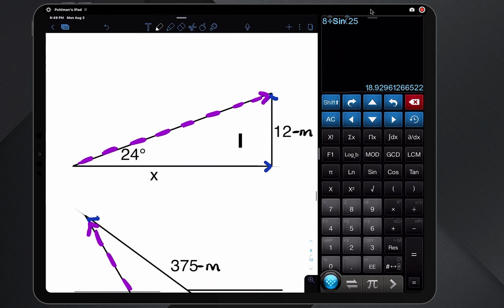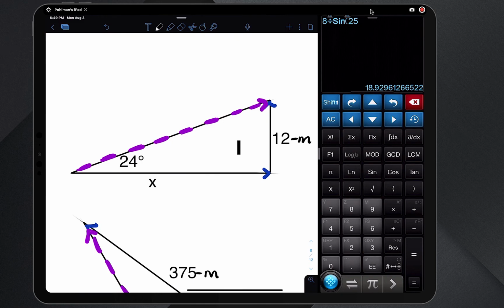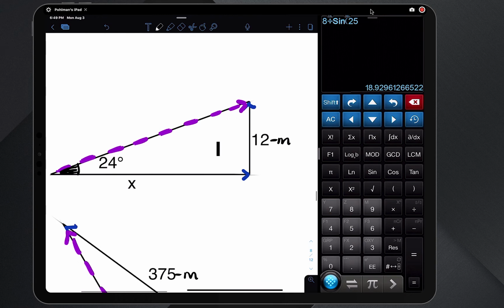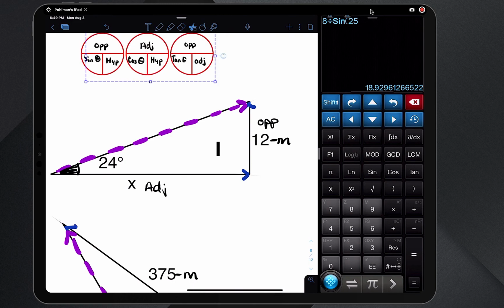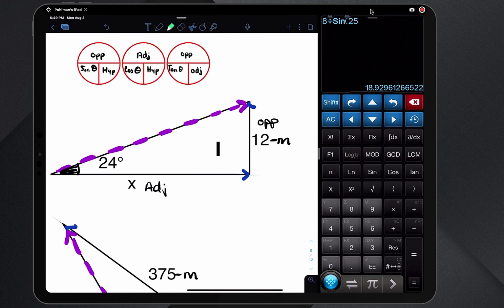Let's go to I. Letter I, we have our angle here. That's 24 degrees, so that means 12 is the opposite side, and the x is the adjacent side. We have to pick from our list which one has those two variables of opposite and adjacent. Looks like I'm going to be working with tangent this time. So in this particular question, I need to solve for the adjacent side, so I cover it up.